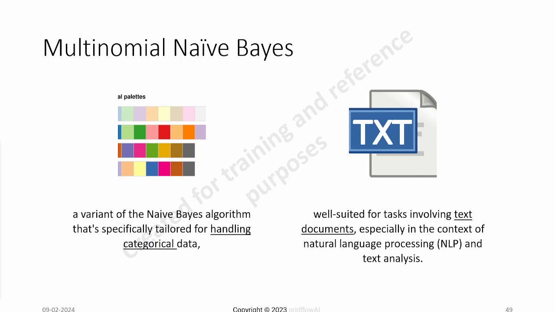And we are picking up a dataset like IMDb, which is text data. When we convert the text data into some vector form, count vectors or hashing vectors, those are ideal candidates for the Naive Bayes algorithm. So it's well suited for tasks involving sentiment analysis and text classification using text data.